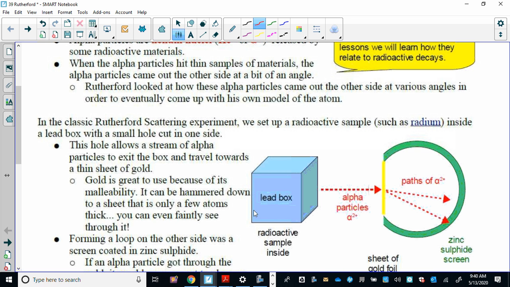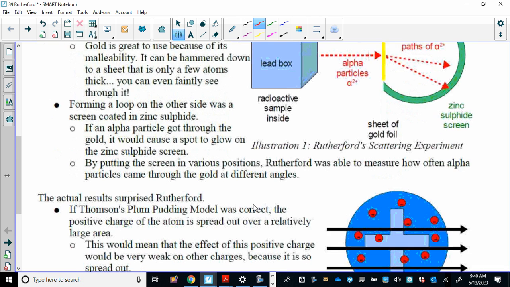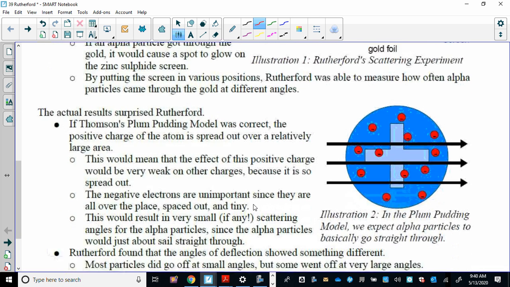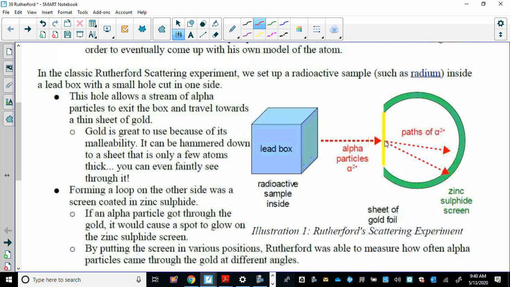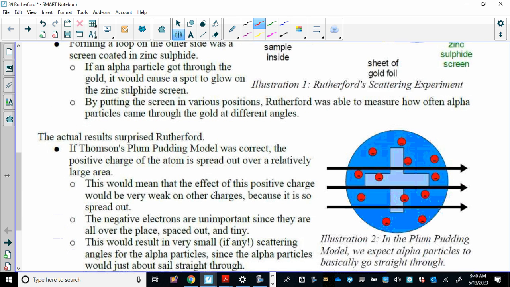And what everybody expected at that time was that if the plum pudding model of the atom was true, then most of these alpha particles would just appear on the screen over here, or with slight deflections. The plum pudding model says the positive charge of the atom is spread out evenly over a relatively large area.